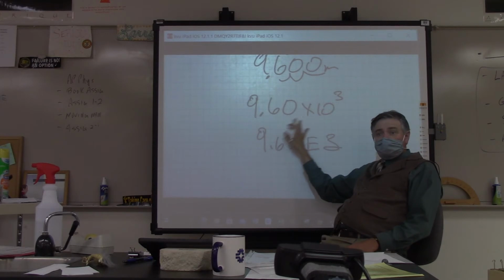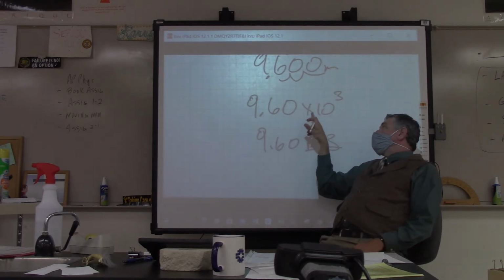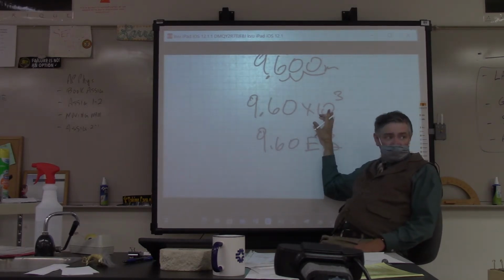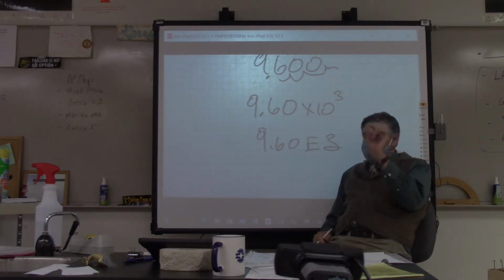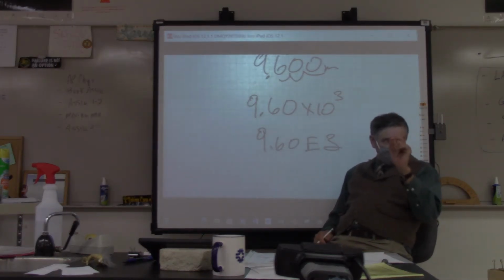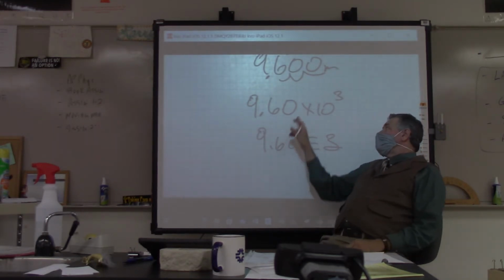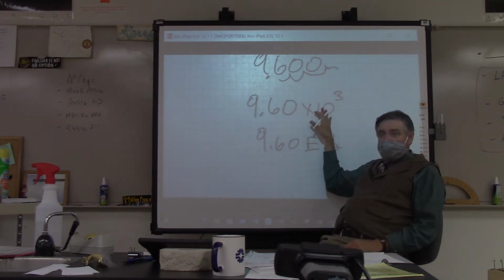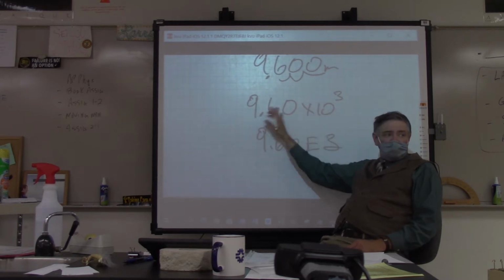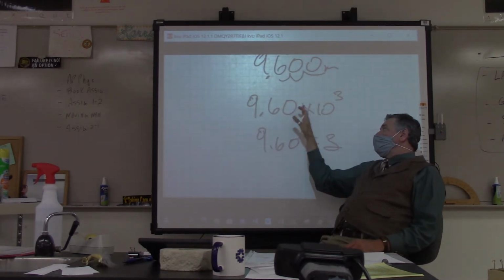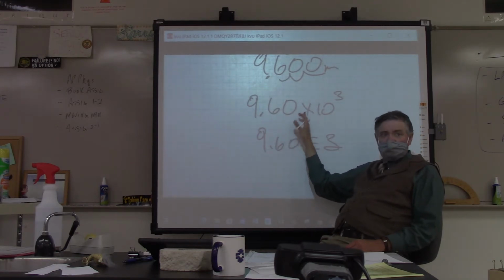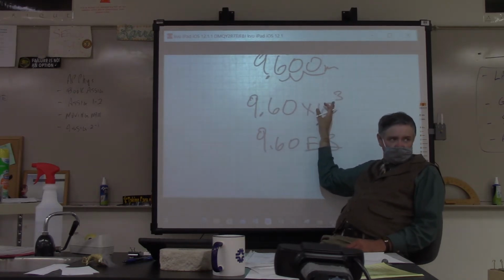When you get a problem like this on your calculator, don't type in times 10. Type in 9.60, and typically there's an EE key, especially on a Texas Instruments calculator. Because if you type in the times 10 to the third, it'll tend to wreck your order of operations. Okay? So, go 9.60 EE to the third.